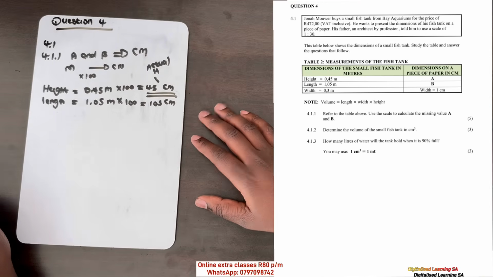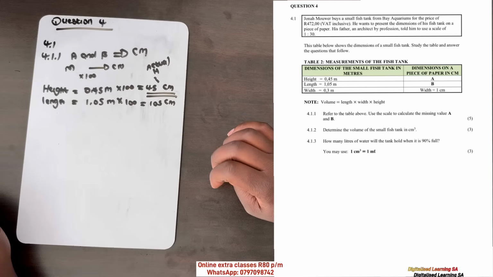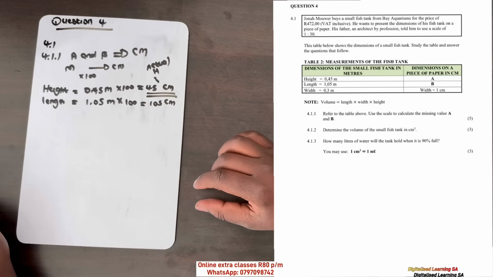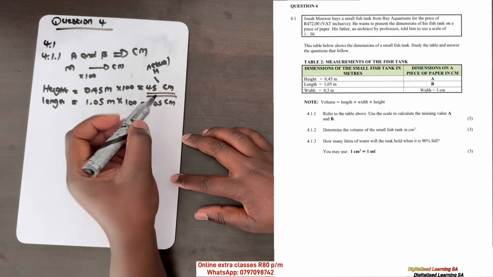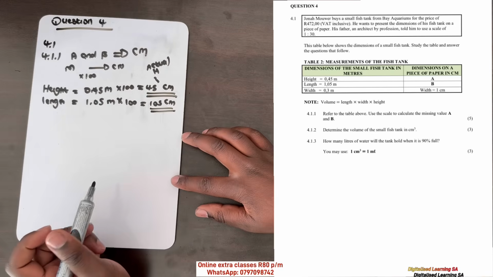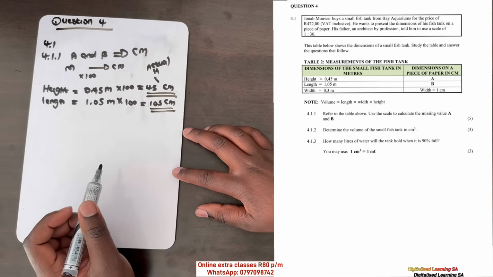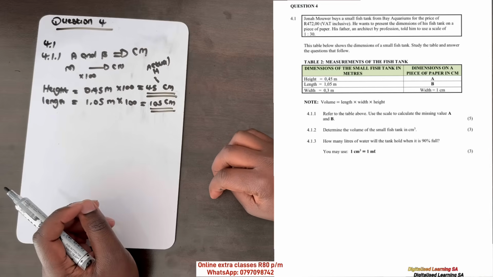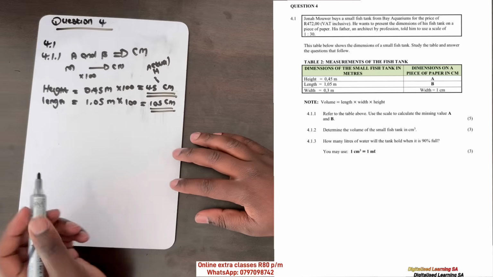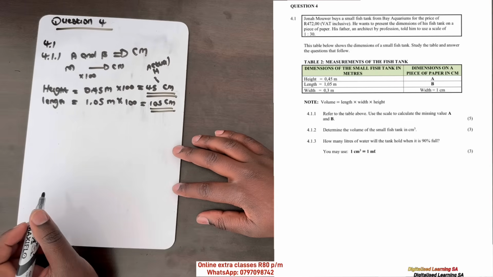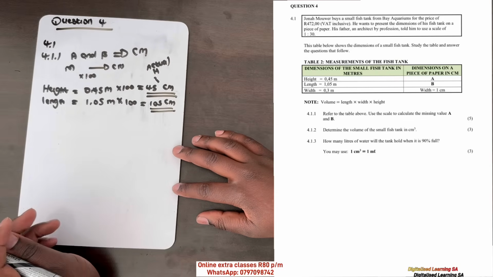Remember that we are told that we need to write the dimensions on a piece of paper in centimeters. So we need to convert this down onto a piece of paper, and we are told that we need to use the scale of 1:30. Because we need to write it on a piece of paper, it means that we need to divide by 30.